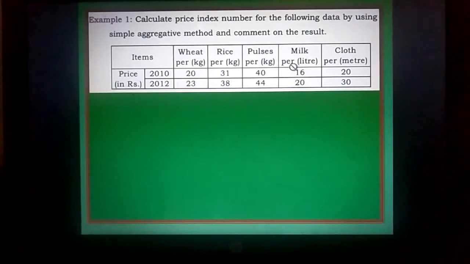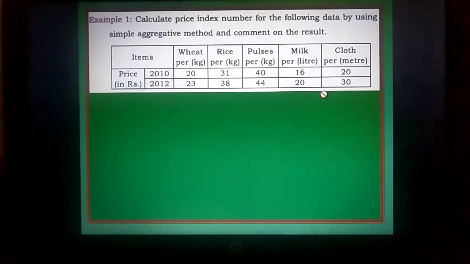Per kg, per liter, per meter, however it is applicable, the prices have been given. In 2010, what were the prices? It is given here. And in 2012, the prices of all these items have been given here.